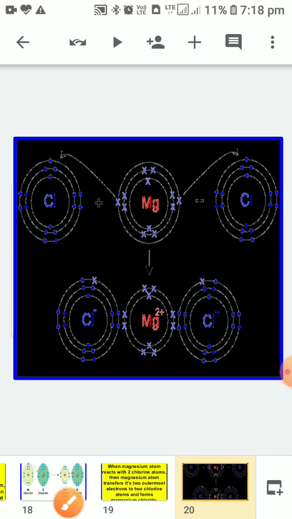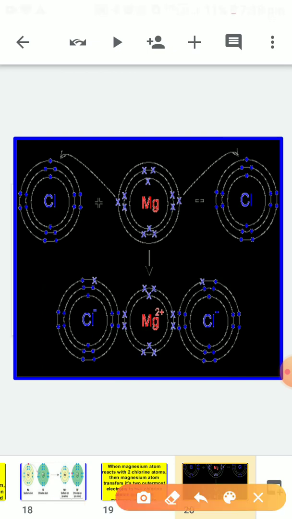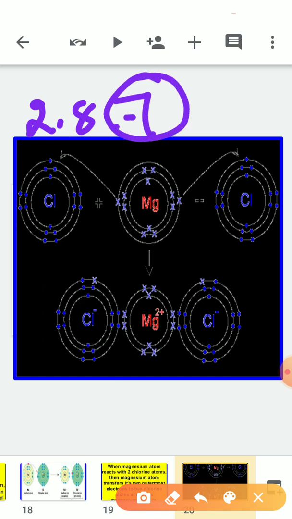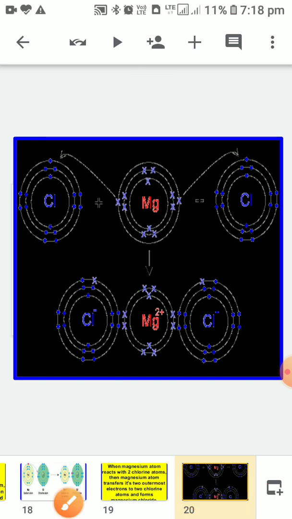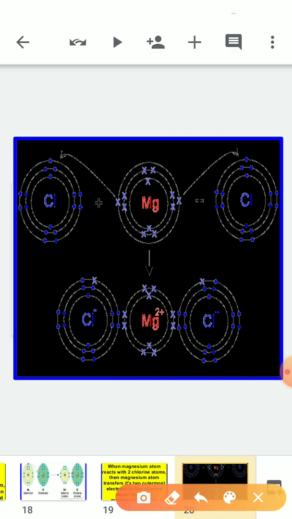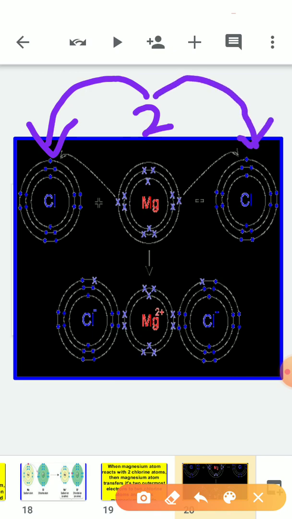So if we are seeing chlorine, chlorine is having 2, 8, 7, 7 electrons in its outer shell. So chlorine wants only 1 electron. So what will happen? It is having 2 and chlorine wants only 1. So how it will distribute its electron? It will give 1 electron to this chlorine atom and 1 electron to this chlorine atom. In this way it will form magnesium chloride compound.